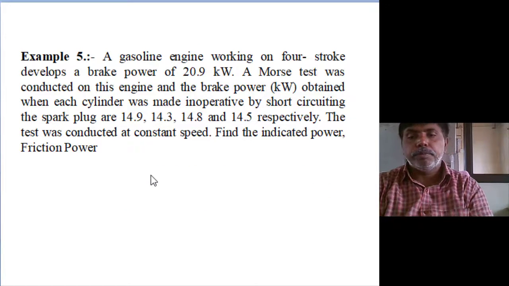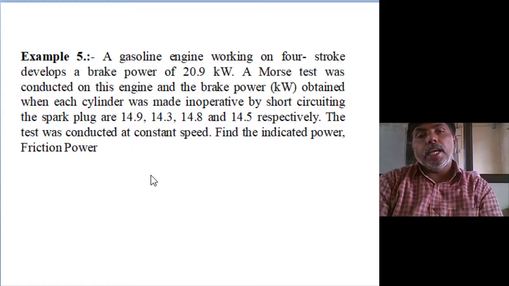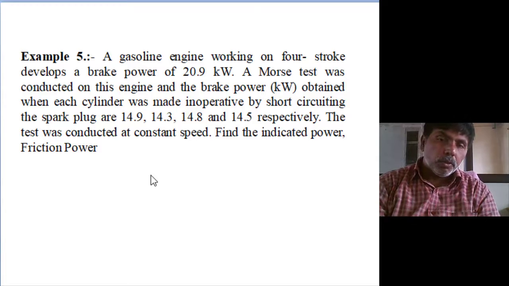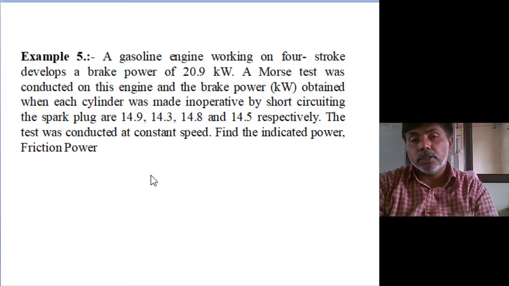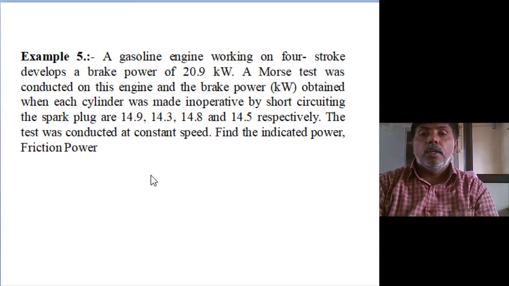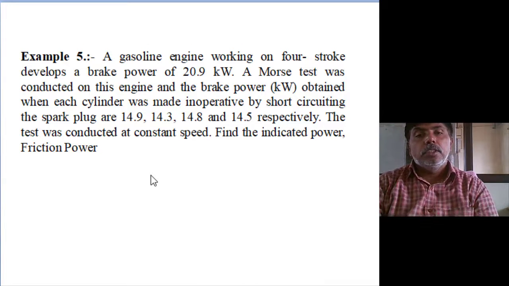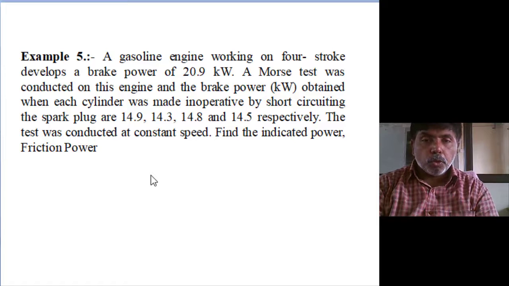This is the problem. A gasoline engine working on 4-stroke develops a brake power of 20.9 kilowatt. So this is a gasoline engine, a petrol engine or spark ignition engine, whatever name we call it. Working on 4-stroke, it develops a total brake power of 20.9 kilowatt.